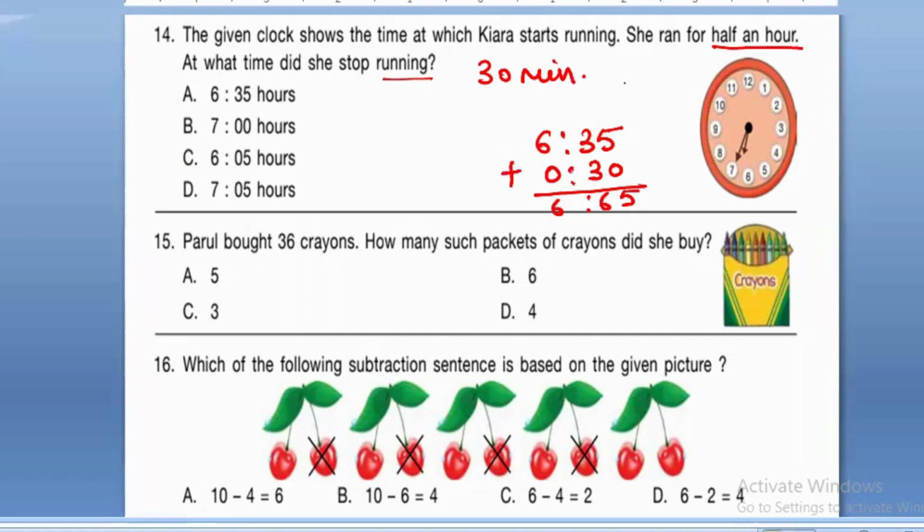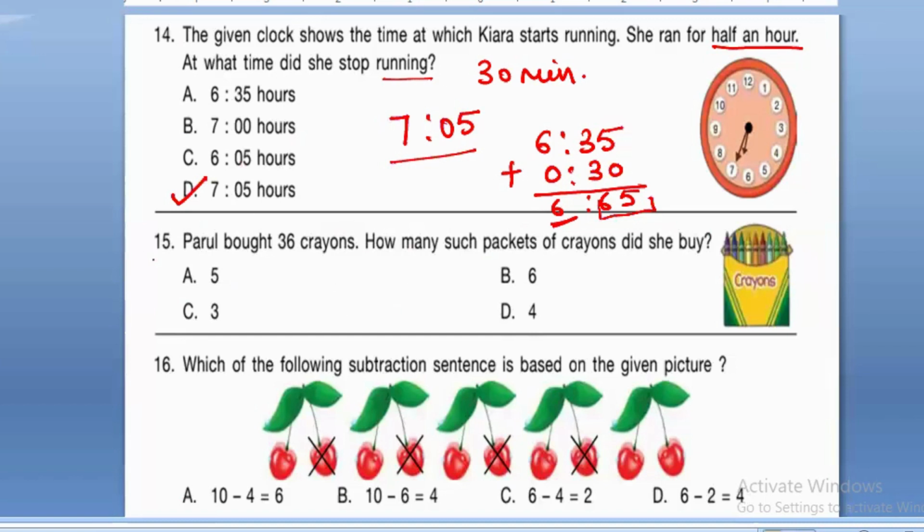So we will add 1 to this 6, so it will become 7, and we will subtract 60 from this 65, so it will become 5 only. So what will be our correct answer? According to that, our correct answer will be 7:05. Understood? Okay, let's move on.